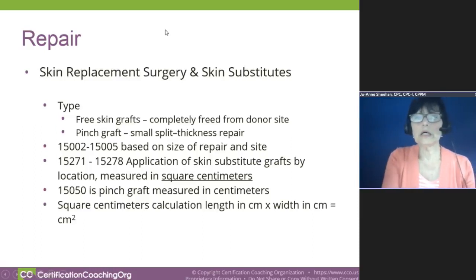When we talk about the skin replacement surgeries, there are different types. We have the free skin grafts, which are completely freed from the donor site. Pinch graft, which is a small split thickness repair. And then there are codes 15002 through 15005, which are based on the size of the repair as well as the site. 15271 to 15278 are the application of the skin substitute grafts by location, measured in square centimeters.